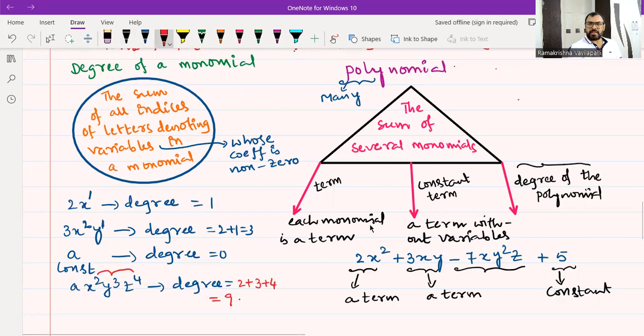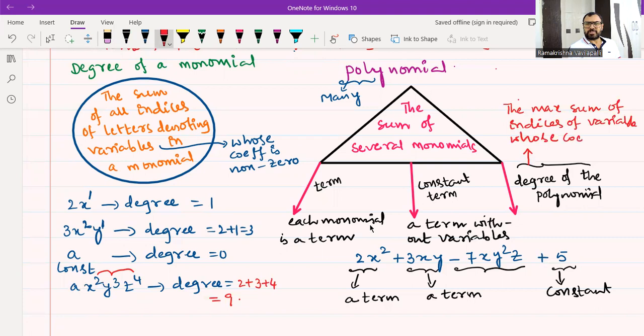The degree of a polynomial is nothing but the maximum sum of indices of variables whose coefficient is not 0, whose coefficient is non-zero.